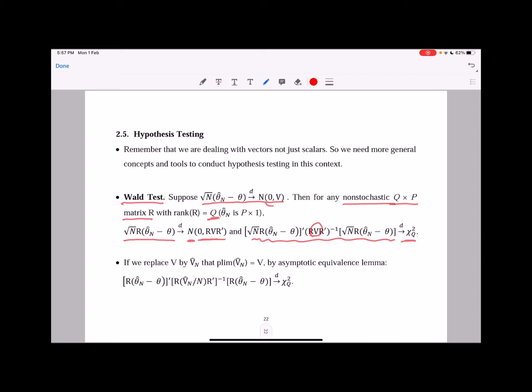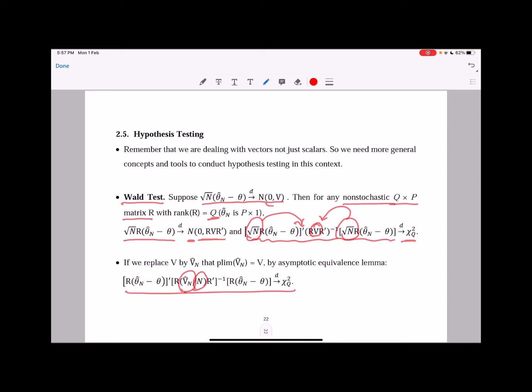Suppose we do have that, we call it V hat, and we put V hat here. Then we put the square root of n together in the middle, so that will be n here, and the whole thing will converge to a chi-square distribution.